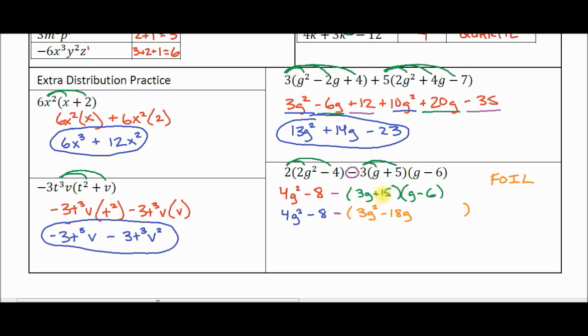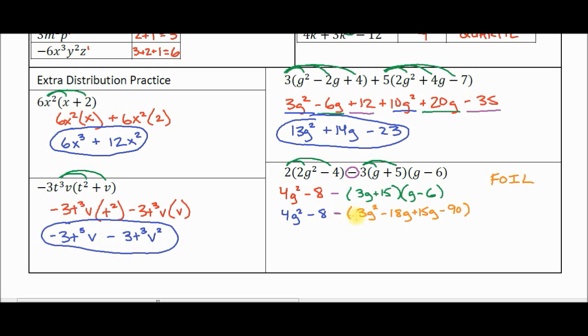Inside terms are 15 and g. Those are both the inside values of our two binomials. 15 times g is positive 15g. And now we have our last terms. 15 times negative 6 is negative 90. Let me check my answer there. Yeah, negative 90. All right.